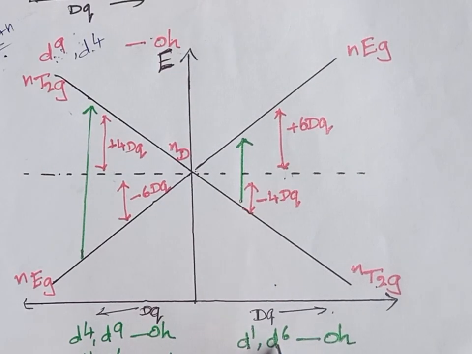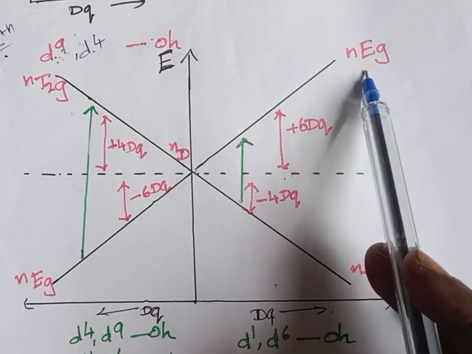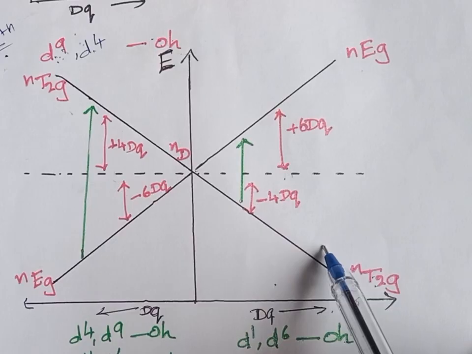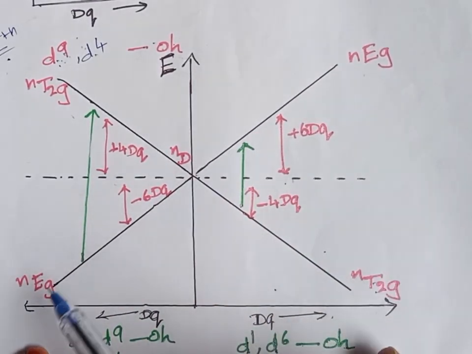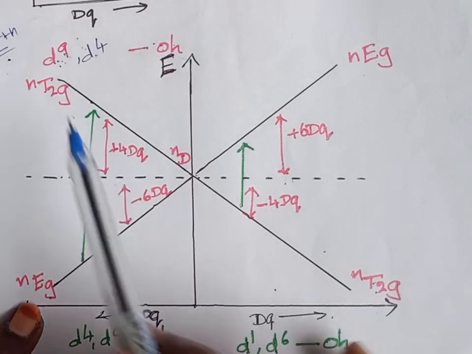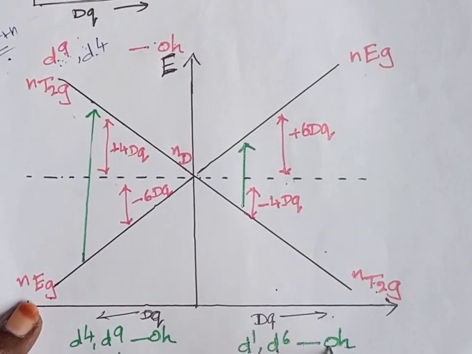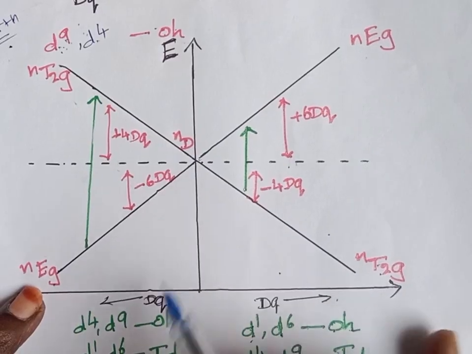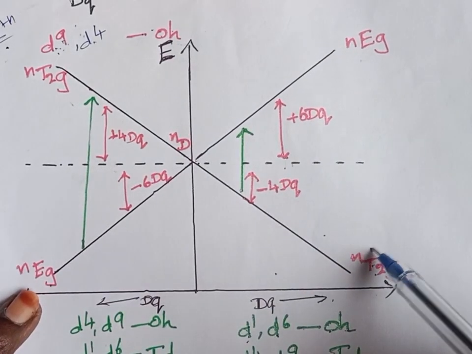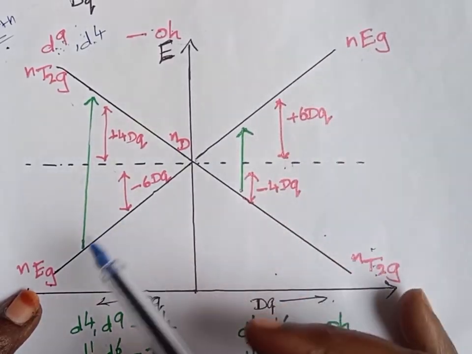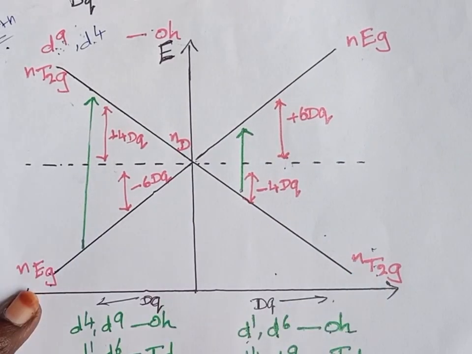So it is D1, D6 octahedral splitting, T2g to Eg. So this reverse splitting is D1, D6 tetrahedral. So Eg is the lower energy level and T2g will be the higher energy level.